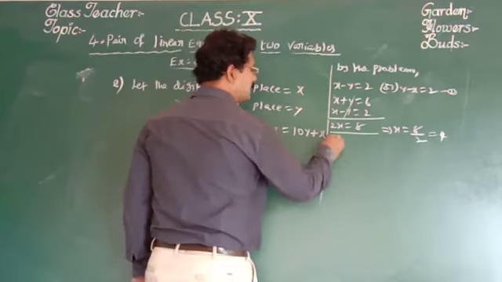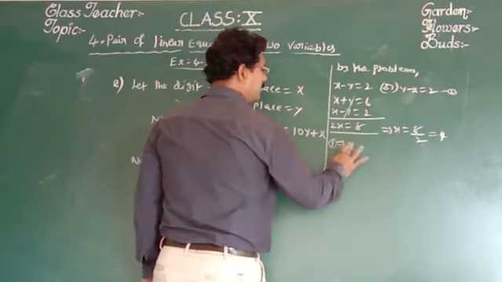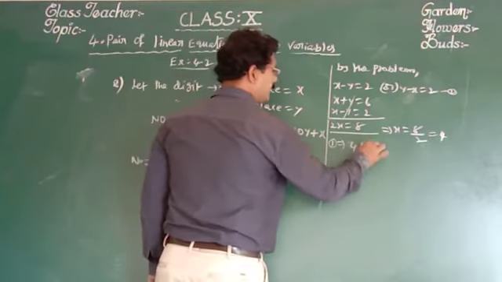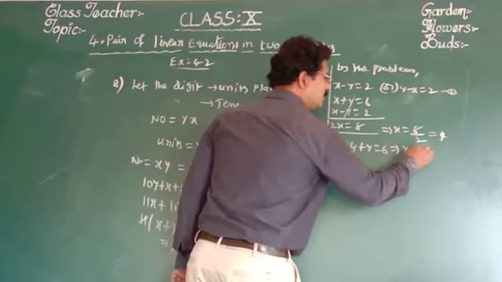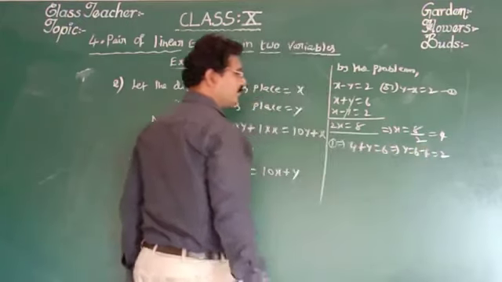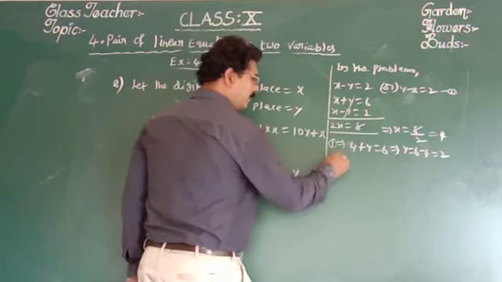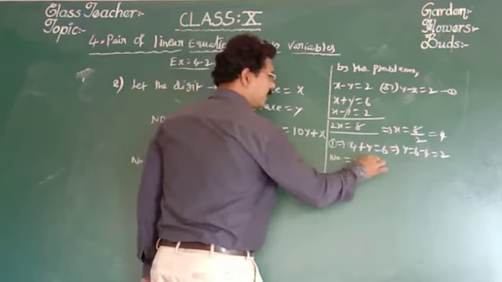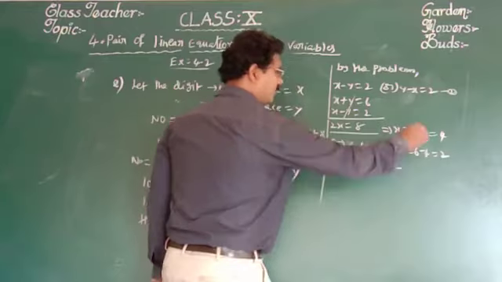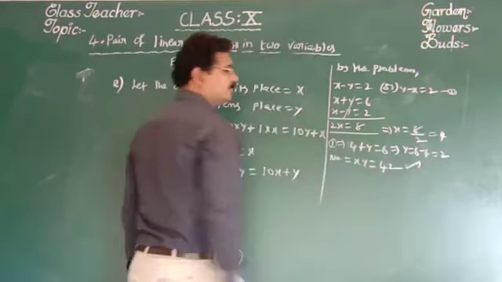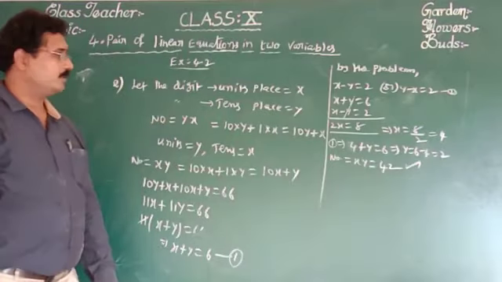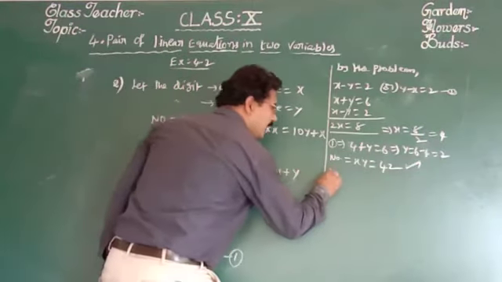Now from 1, 4 plus y is equal to 6, so y is equal to 6 minus 4, which is 2. Therefore the number is xy, with x as 4 and y as 2, so one number is 42.